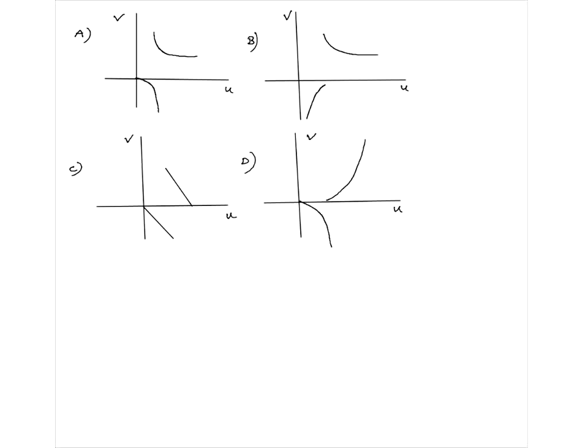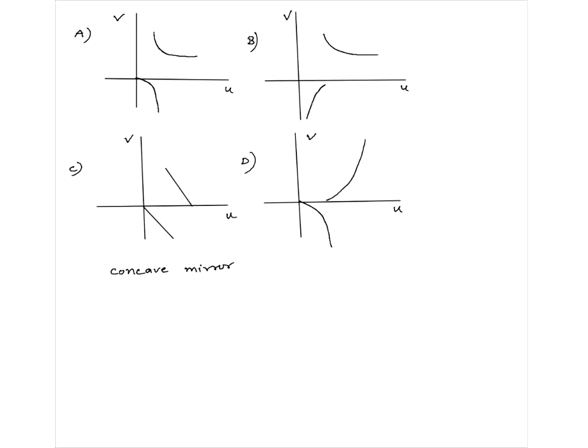Suppose we are talking about concave mirrors. Which graph do you think is correct? V versus U, concave mirror. You know that when U is small, it's a case of virtual image. And you also know that it's a non-linear relationship, a reciprocal relationship.